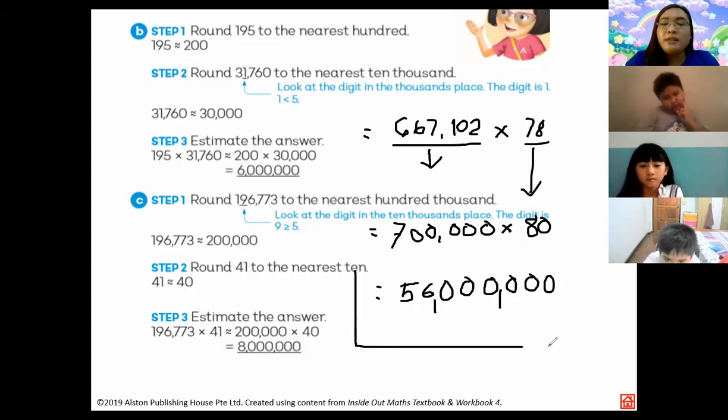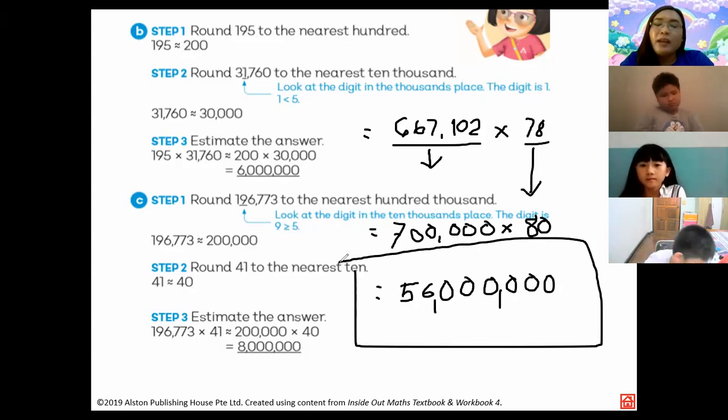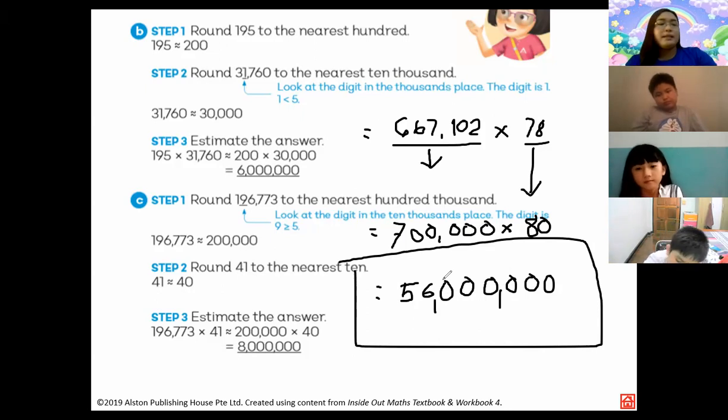So what's the answer? 56 million. So 700,000 multiplied by 80 is 56 million.